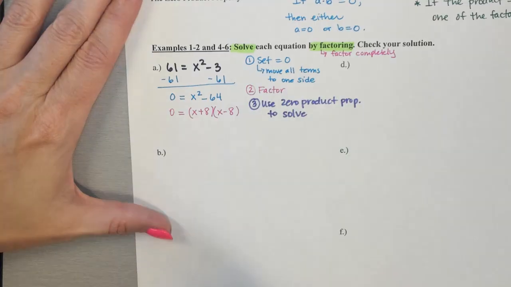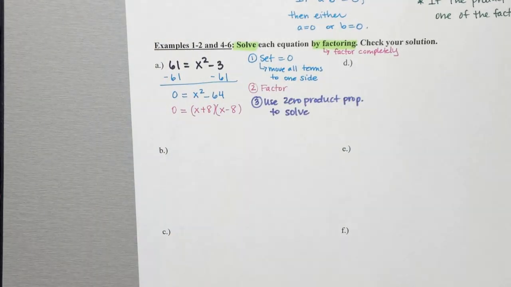We're going to use the zero product property to solve. All that means is we are going to set each of those equal to 0.